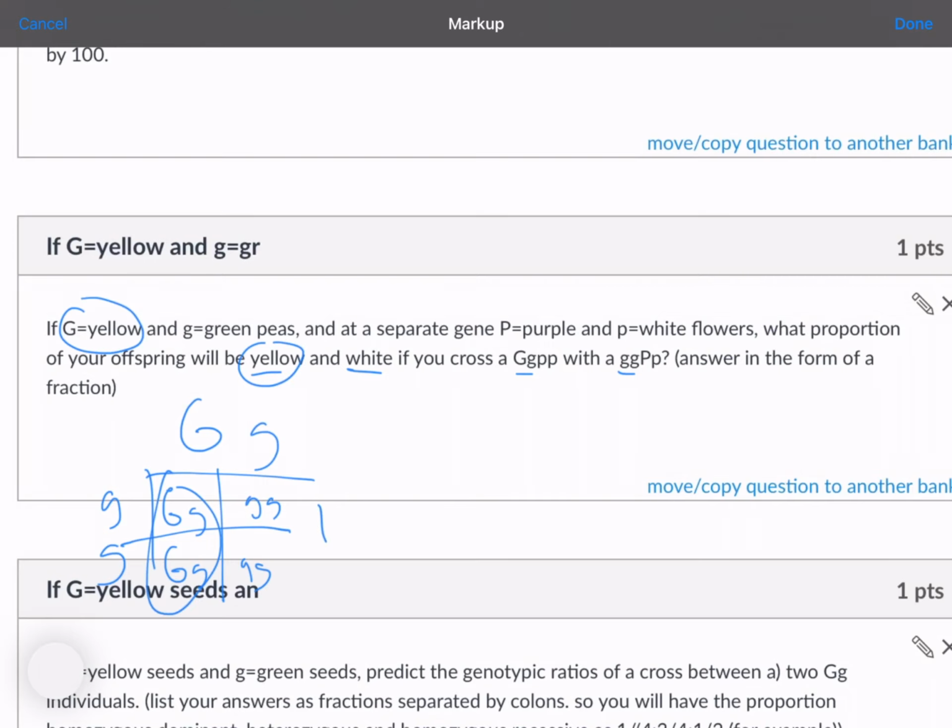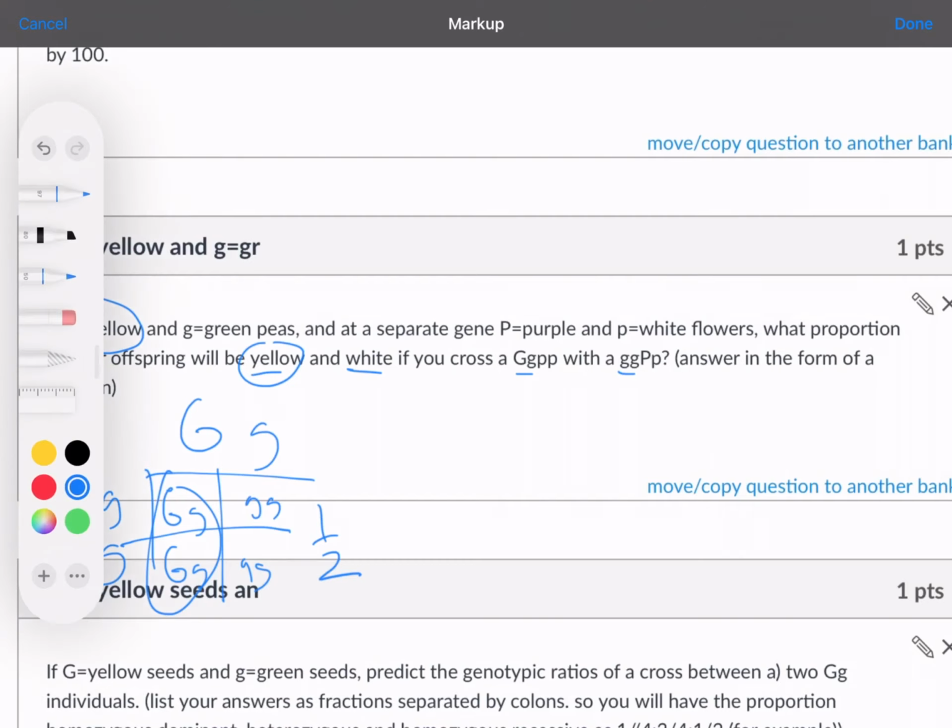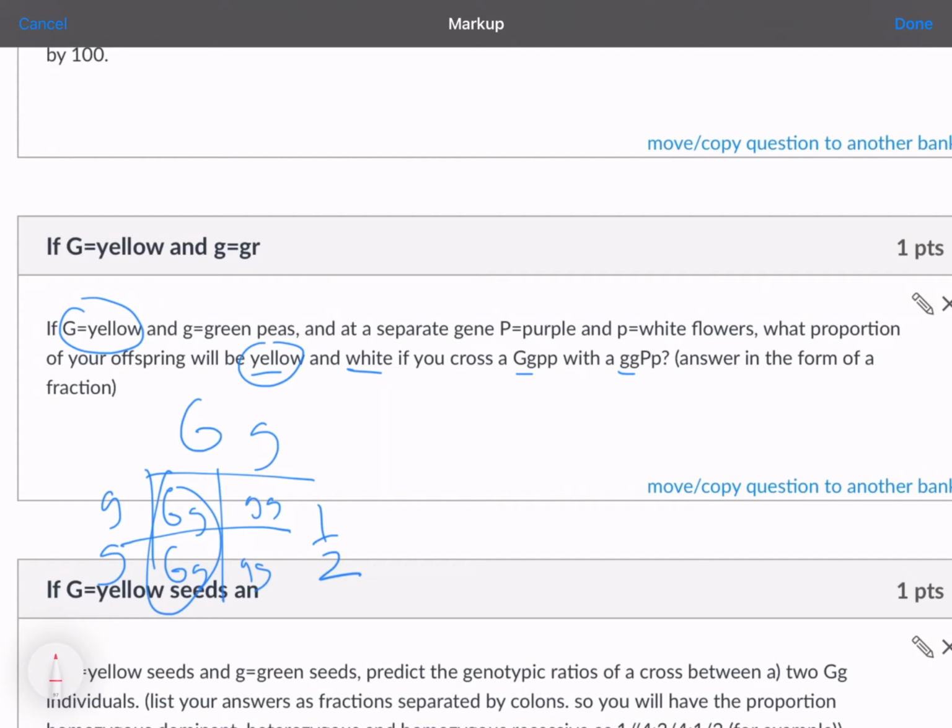So 1/2 of the offspring would be yellow. And then for our other locus, we cross homozygous recessive with heterozygote. And once again, we see that 1/2 would be little p or white. So now we multiply across our different genes, 1/2 times 1/2, and we should get 1/4.